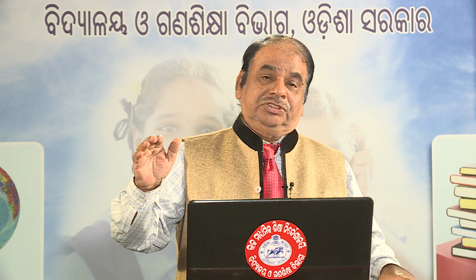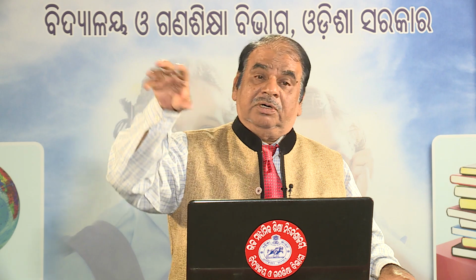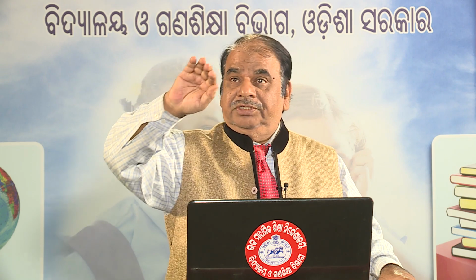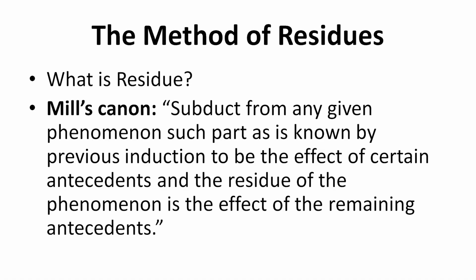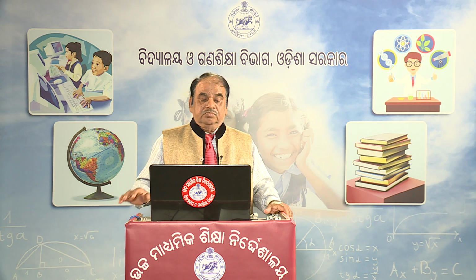So, that is the procedure: we know about some out of many, and when we deduct those, the rest can be related. So, in this manner, the procedure is to subduct from a given phenomenon such part as is known by previous induction to be the effect of certain antecedents. The residue of the phenomenon is the effect of the remaining antecedents.